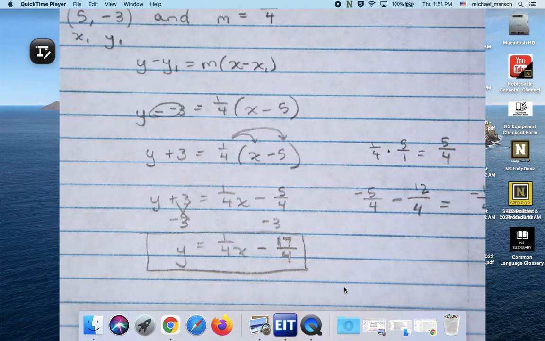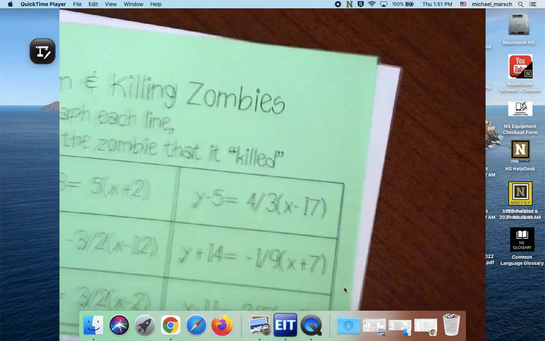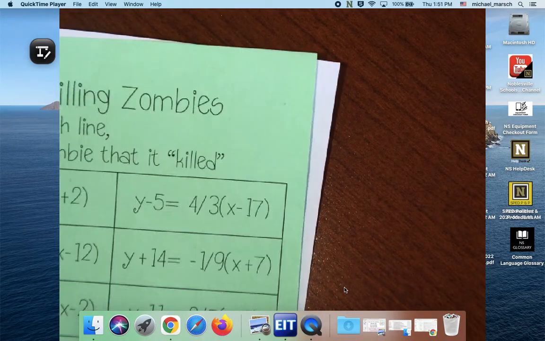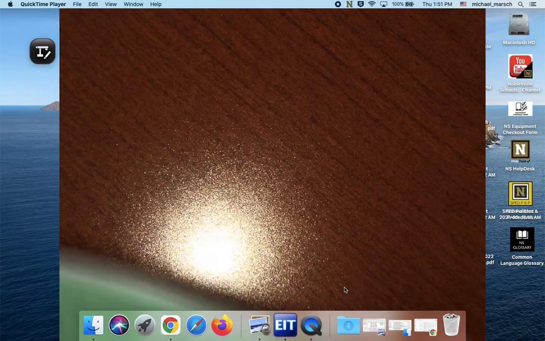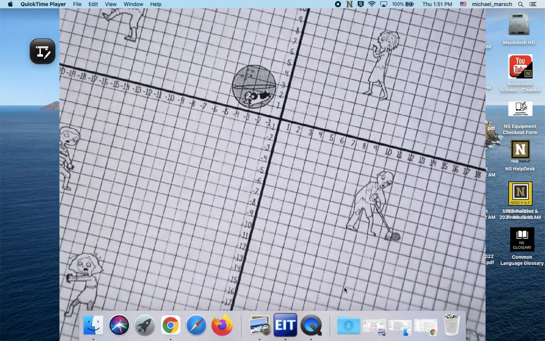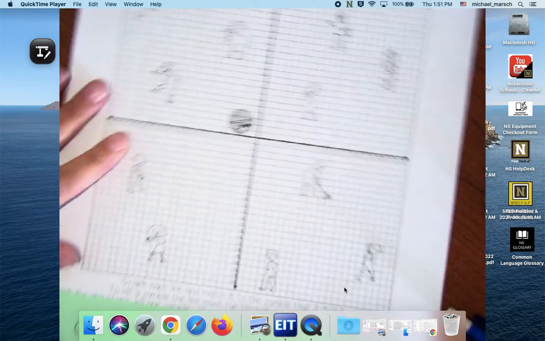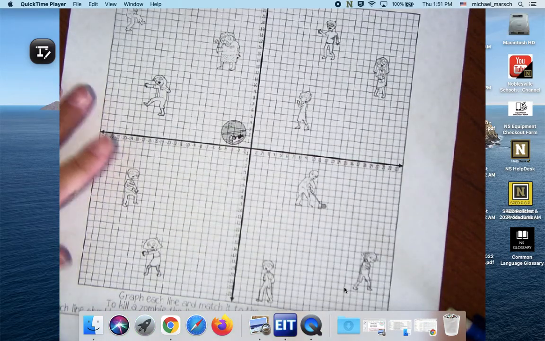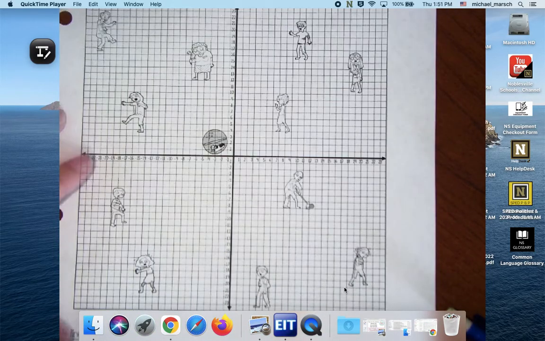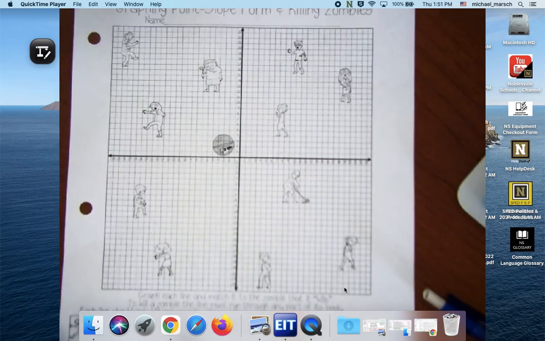Okay, so you're probably going to want a separate piece of paper, and maybe your whole desk. So what we have here is a graph with a bunch of zombies all over it.